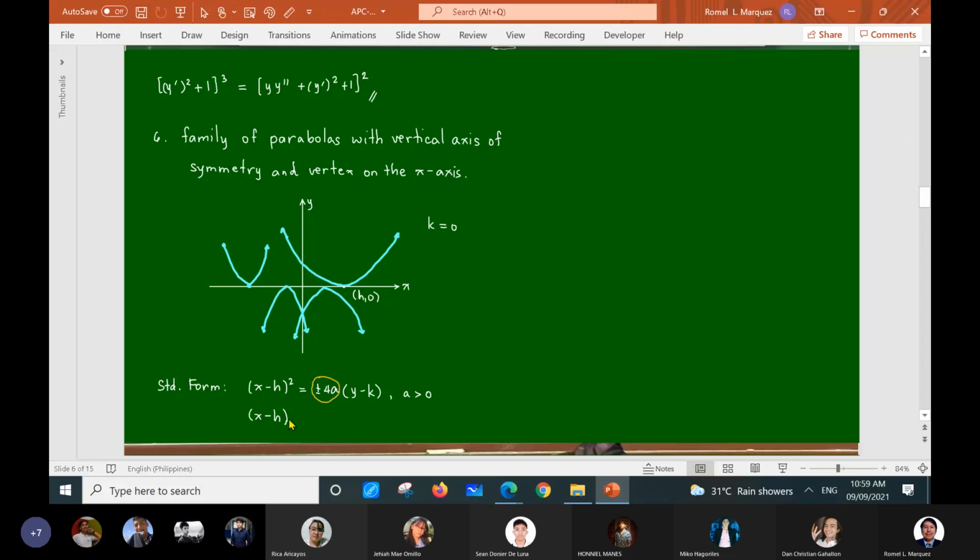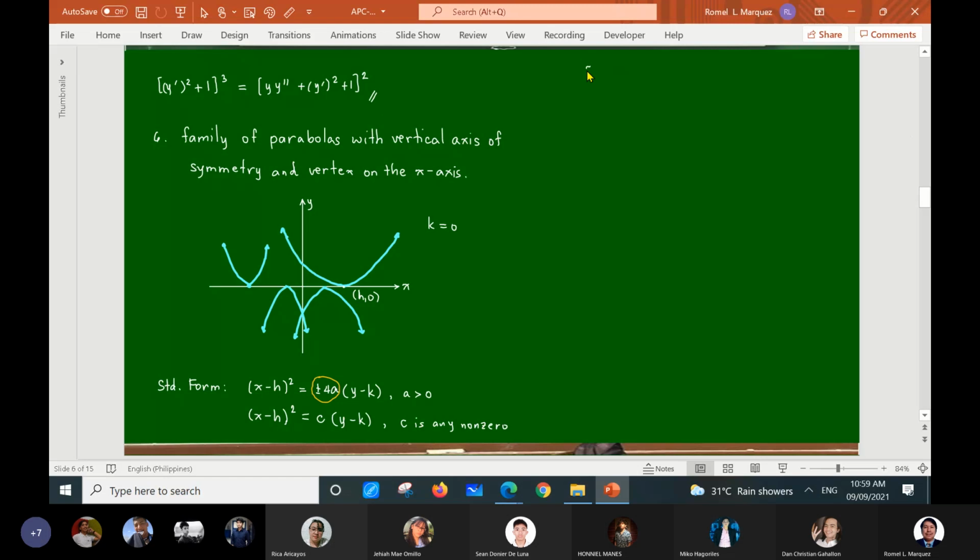Familiar kayo sa latus rectum? O let it be c for simplicity. Para hindi complicated yung arbitrary natin. Okay? Where c is any non-zero constant.